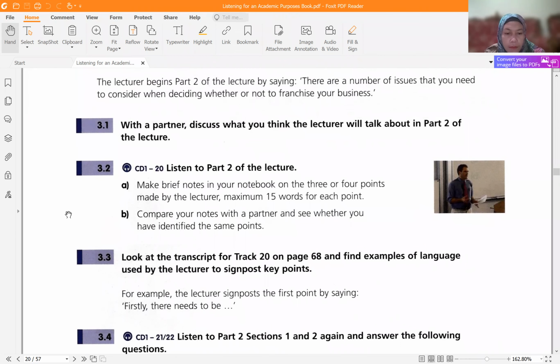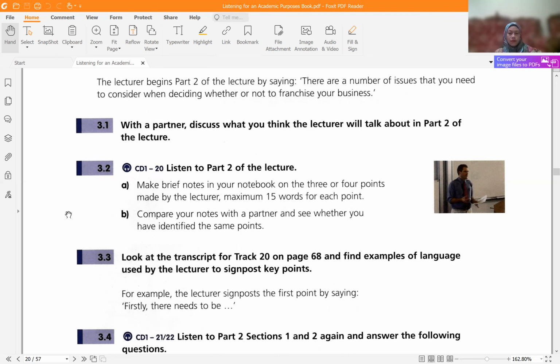Firstly, there needs to be a relatively stable long-term market for the product or service you're franchising. This is partially because substantial investment in time and money is required to set up and develop a franchise operation. And partly because you need an established market with potential for long-term growth to attract franchisees.